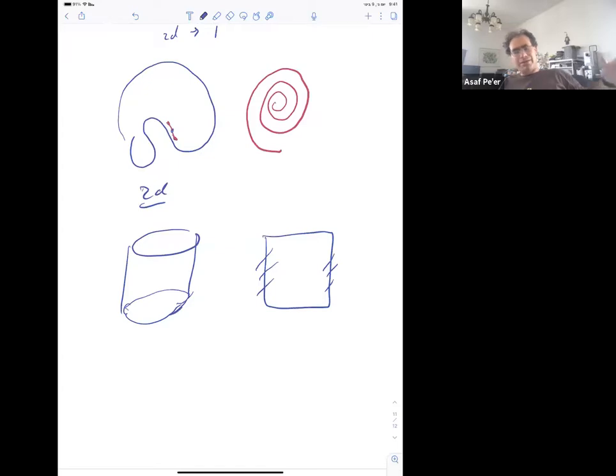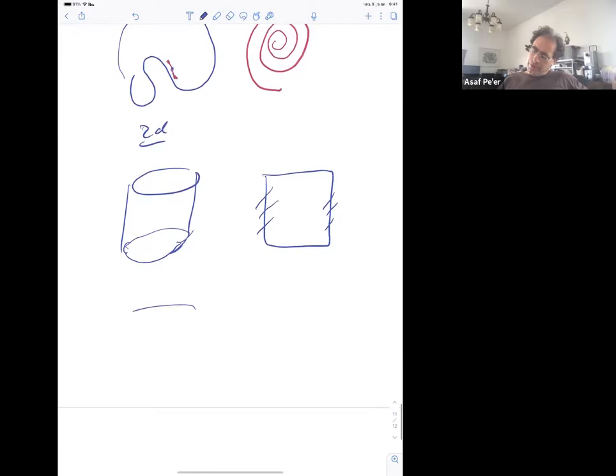There are some subtle issues here which I won't get into, which get into the idea that a metric is a structure that we put on the manifold. I don't want to get into that because we don't really need it here. But the metric is independent in some sense of the manifold. You don't see it in a cylinder, but what about if I look at the torus? Is it flat?